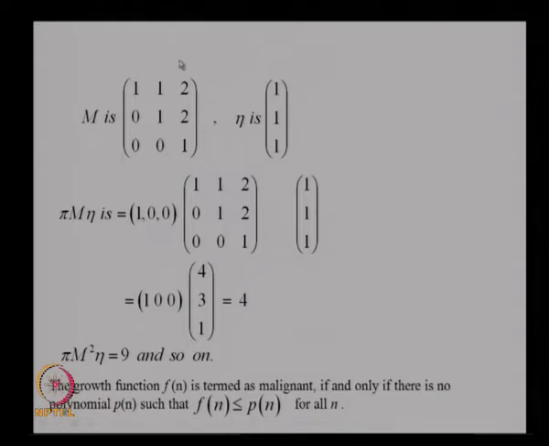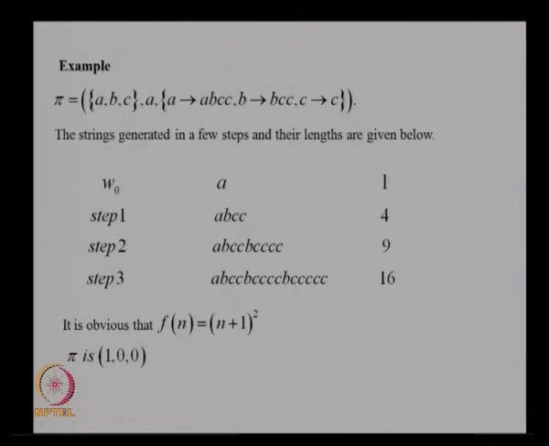M is known as the growth matrix, and if you have a column vector eta which consists of just ones, pi M eta, that is pi multiplied by M, then by eta, gives you 4. That is what you get in the first step. This is the string and this is the length of the string. In the second step, the length of the string is 9.